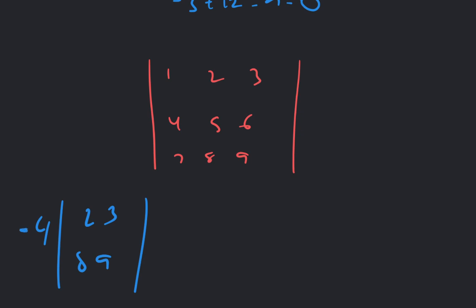And that's going to be a negative right there, because when we take determinants, it's always going to be plus, negative, plus, and it follows that pattern throughout the matrix.